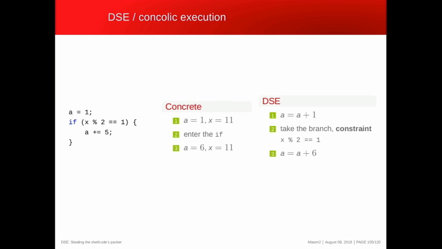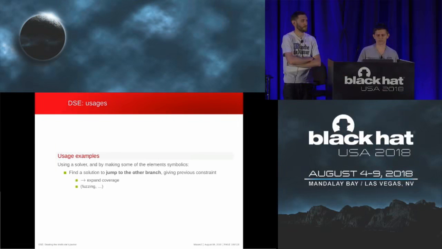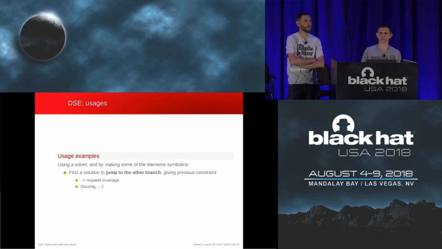But as we are taking the branch, we can add a constraint on the current path, saying that X has to be odd. And we accumulate some of these constraints along the execution. So what are some usages of this method? For instance, when you take the if, you can ask: is it possible to find a solution which does not enter the if statement, but the else, for instance?